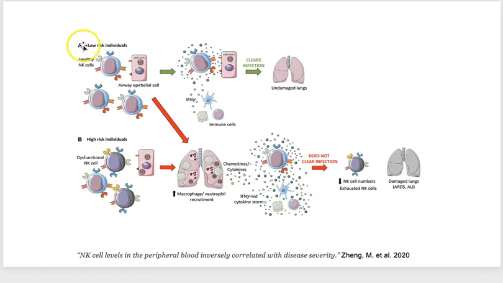And so when you compare a low-risk individual to a high-risk individual, these are healthy NK cells. Natural killer cells are designed to kill intracellularly infected cells, similar to the cytotoxic T cells, but less specific. So these healthy NK cells from a low-risk individual quickly recognize antigens on the surface and mark this for destruction, knowing that it's infected.